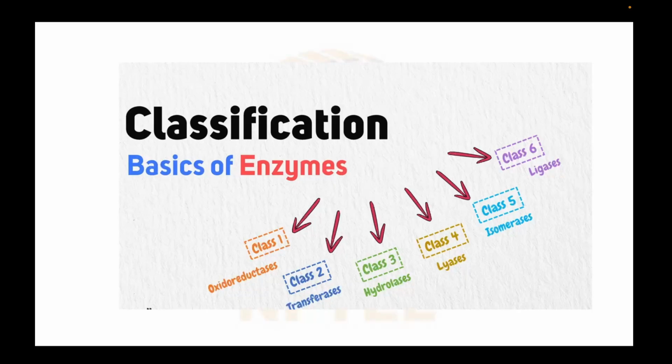As the name suggests, they are involved in catalysis of isomerization reactions, which involve rearranging molecules without changing the molecular formula. Then we have ligases. Ligases are used to join two molecules together using ATP or any other energy source. They have an essential role in DNA repair, replication, and biosynthetic pathways.